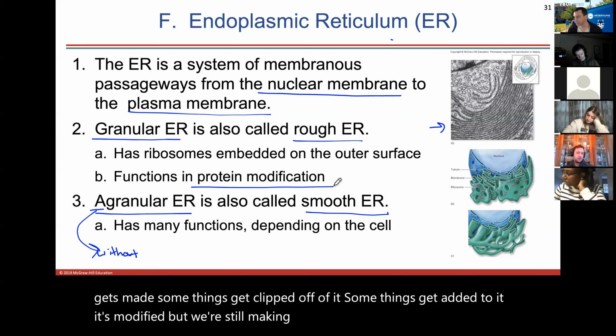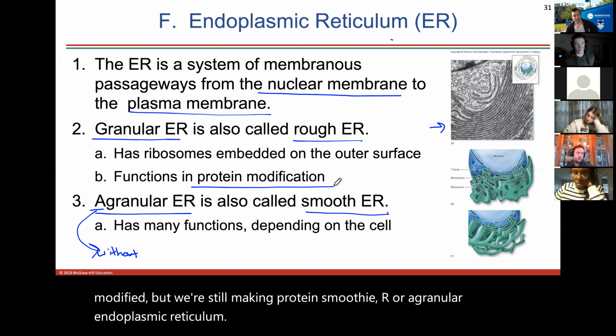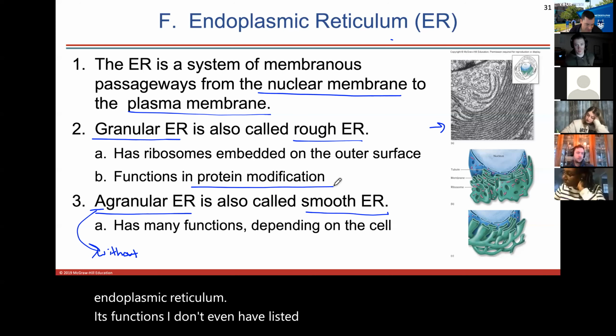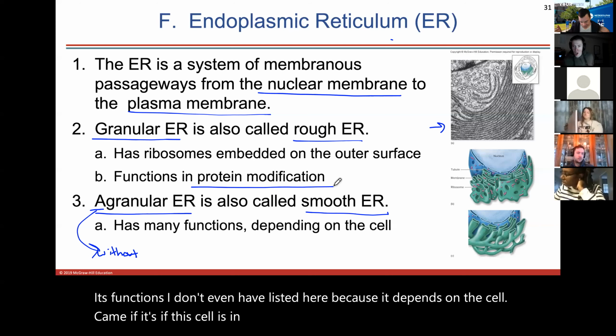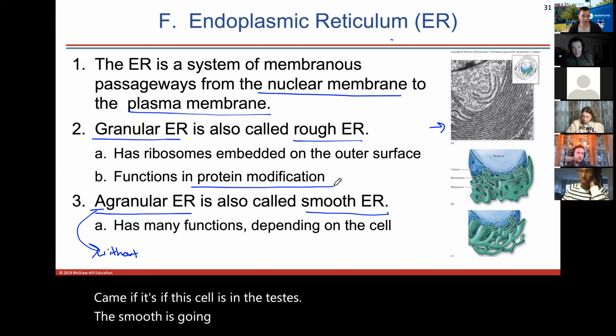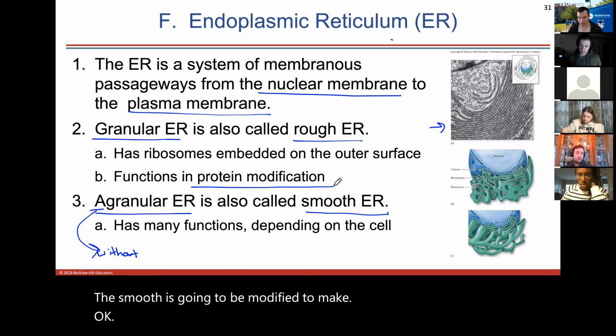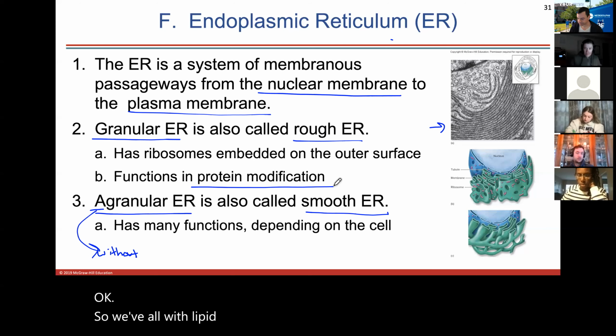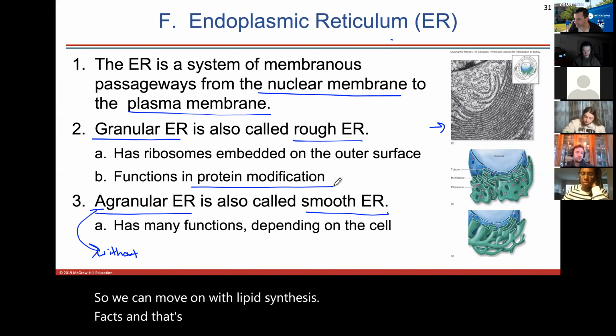Smooth ER or agranular endoplasmic reticulum. Its functions I don't even have listed here because it depends on the cell. If this cell is in the testes, the smooth ER is going to be modified to make testosterone. It's going to be involved with lipid synthesis, fats, and that's what testosterone is, fat derived.